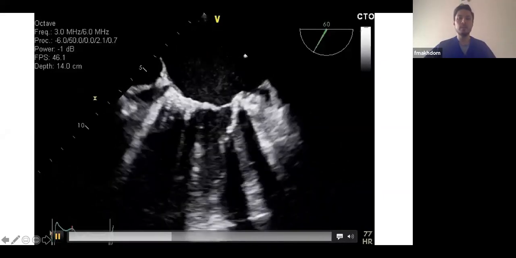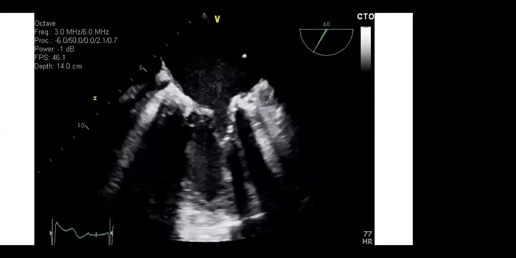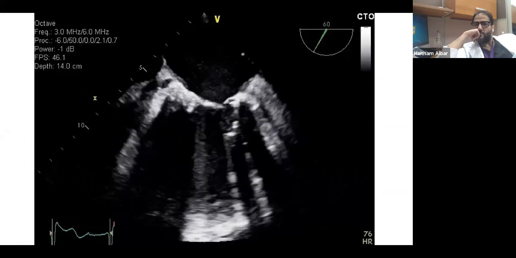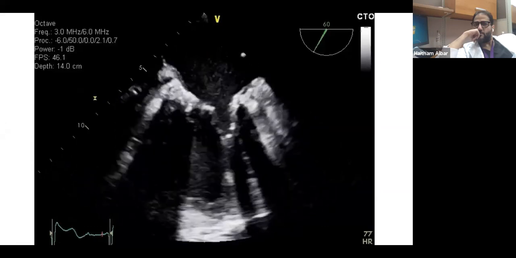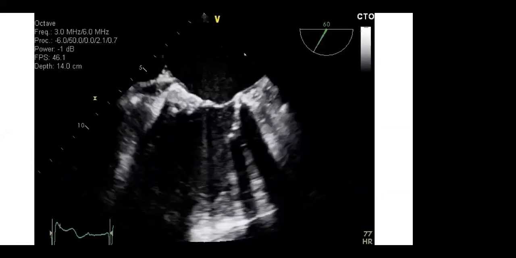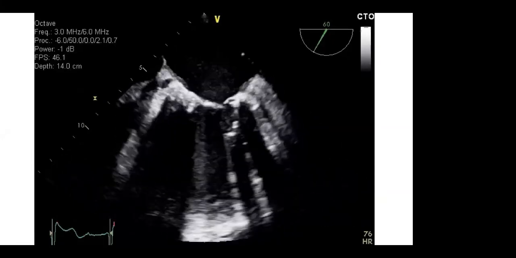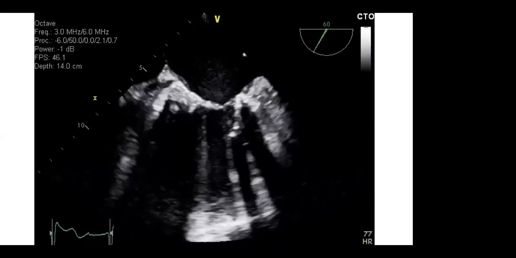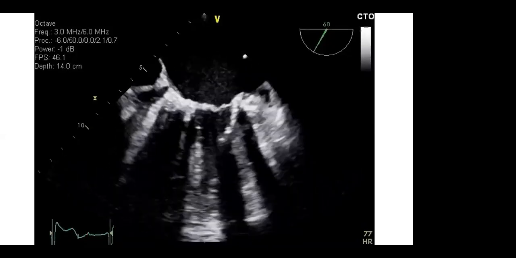Is it calcified? Have you calcified the annulus? Yes, mitral annular calcification.